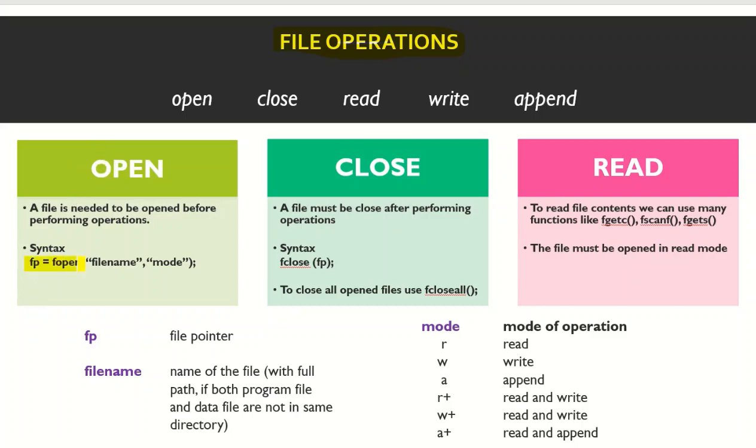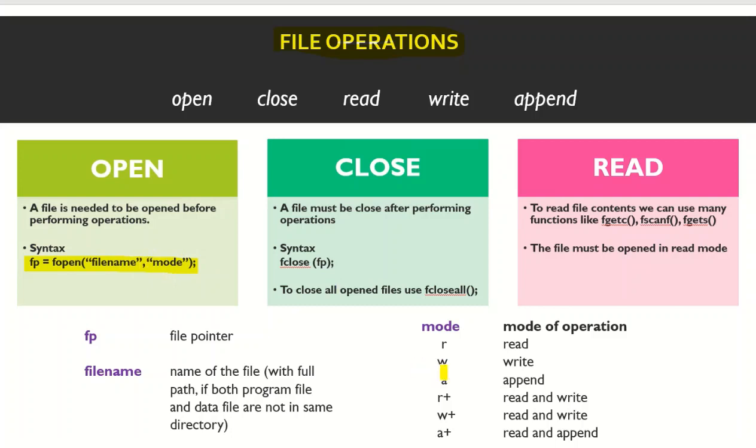The syntax for opening a file is fp equal to fopen(file name, mode), where fp is the file pointer, the pointer which points to that particular file, file name is the name of the file, and mode is the mode in which it is opened.